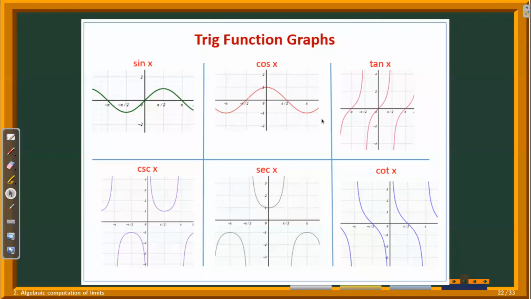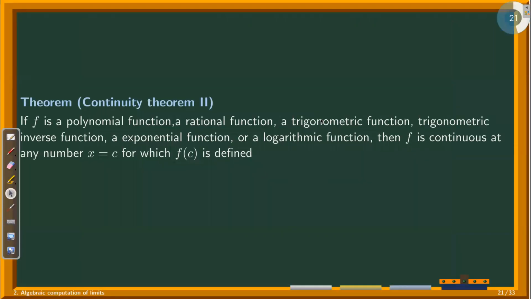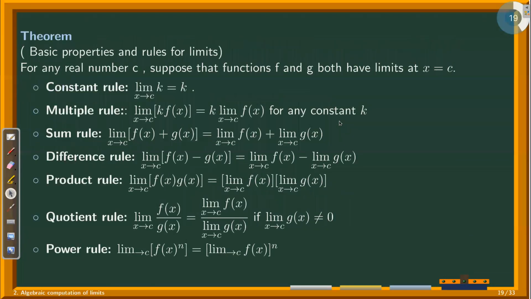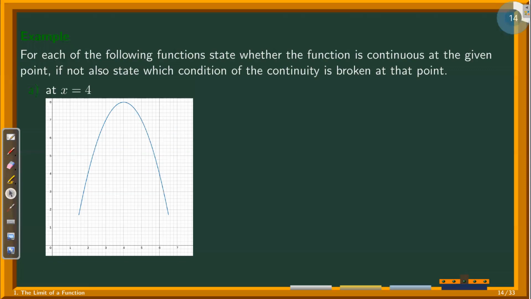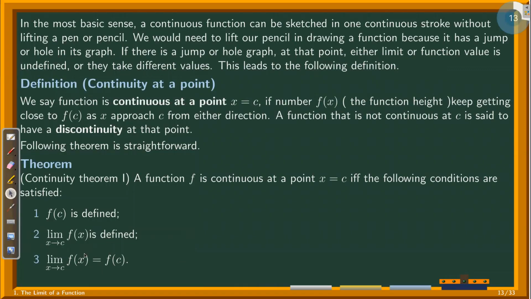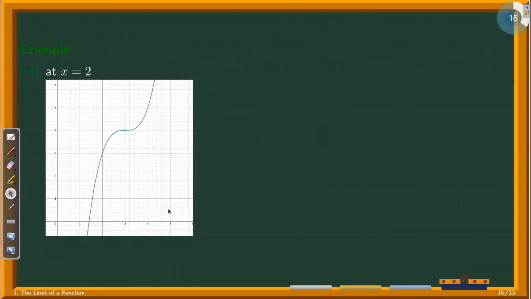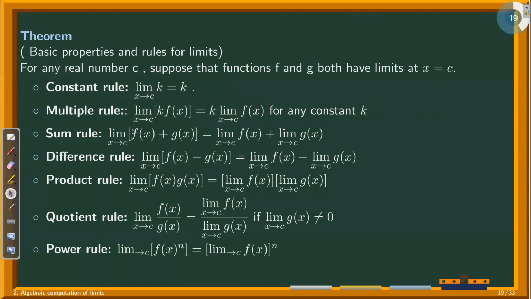So we observe that if a function is continuous, we have this rule where instead of taking the limit as x goes to c, I can plug c into the function.